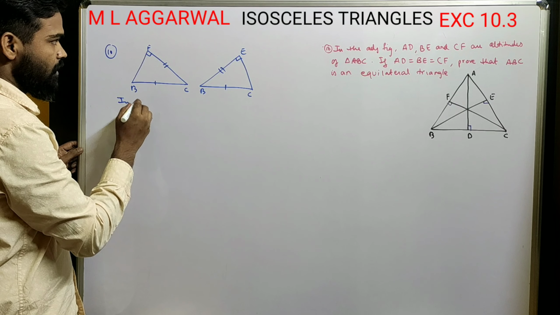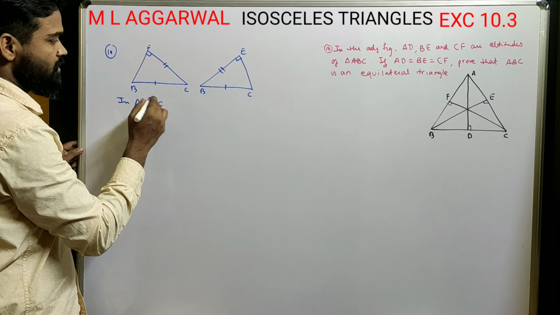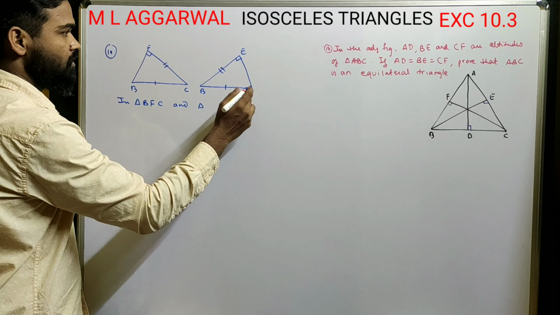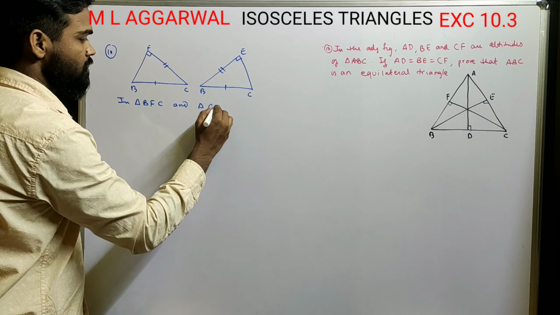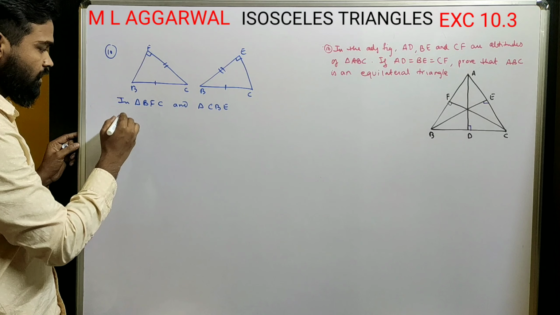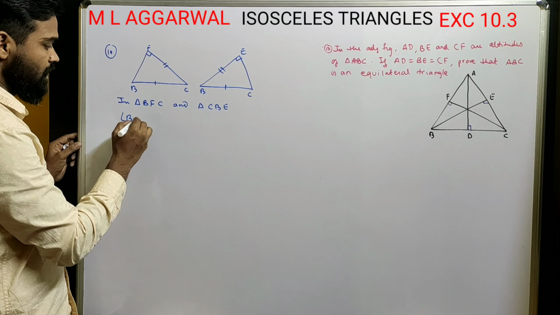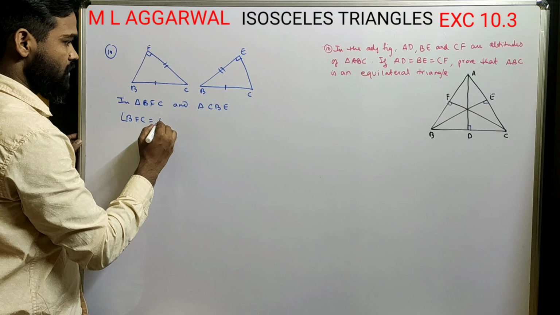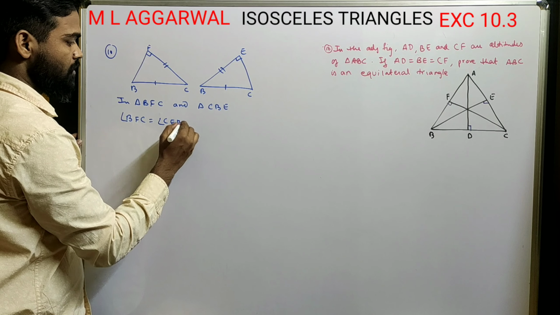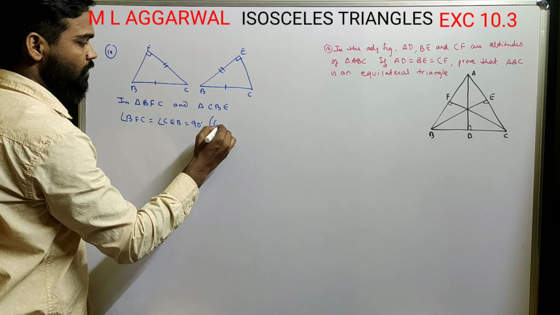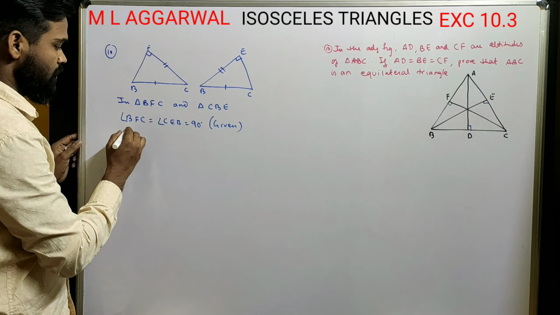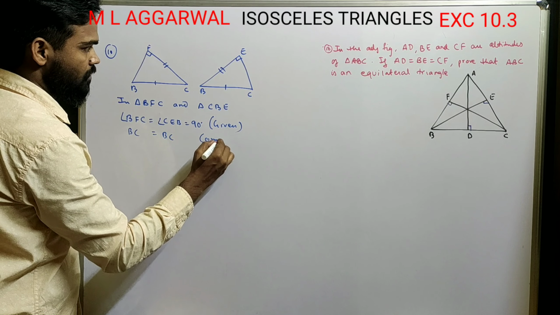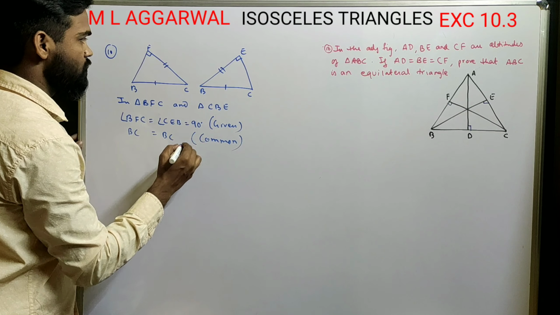Look carefully, in triangle BFC and triangle CBE. Look carefully, angle BFC is equal to angle CEB equals to 90 degrees, that's given to us. BC equals to BC, that's common, and that's a hypotenuse.